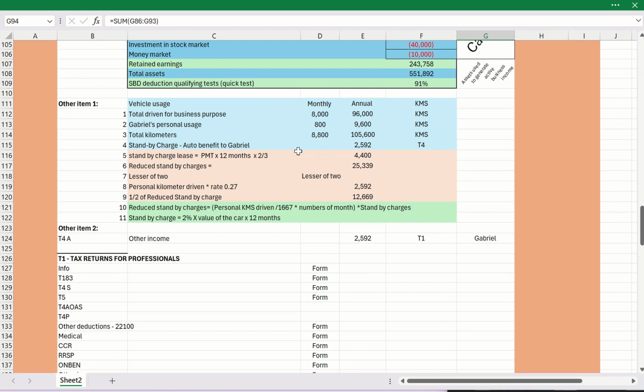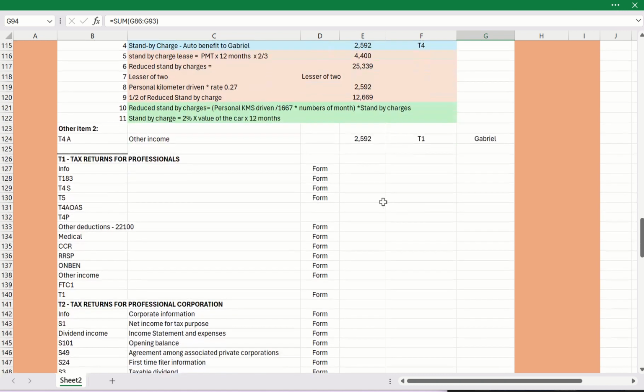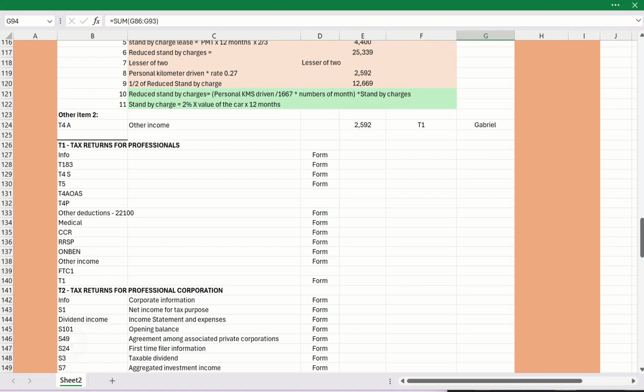This is the amount, the vehicle that the shareholder, Mr. Angel, used. This amount would go to his T4. I discussed that in the previous video.